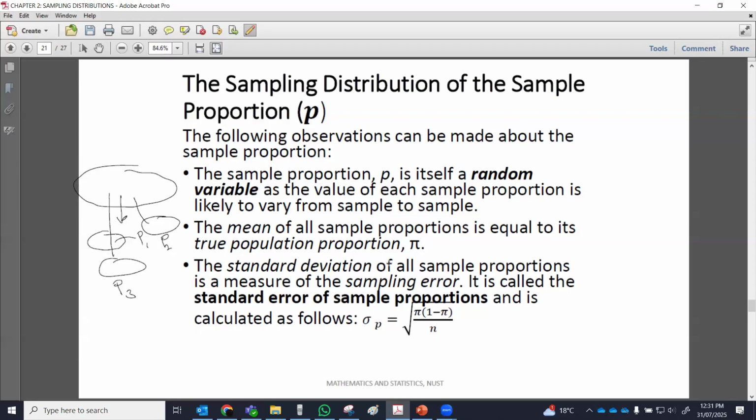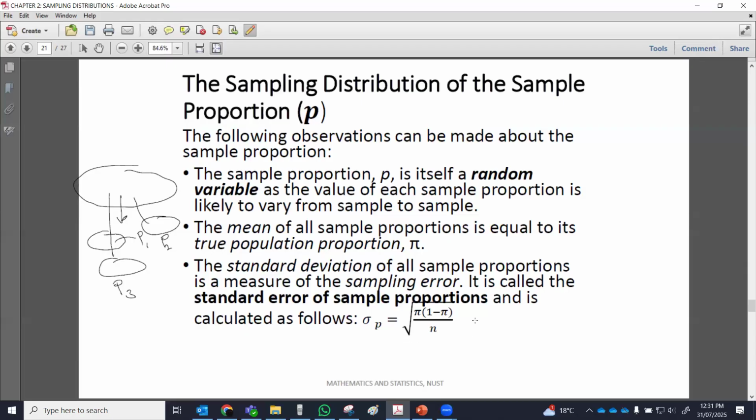And then the standard deviation of all sample proportions is a measure of the sampling error, and it is called the standard error of sample proportions. And this is how we calculate it. We have the square root of pi multiplied by 1 minus pi over n.